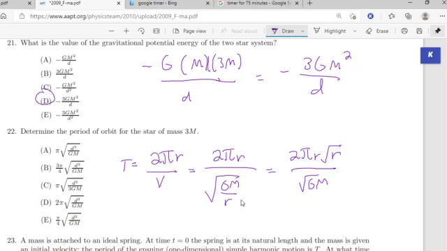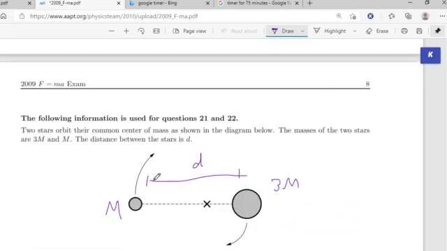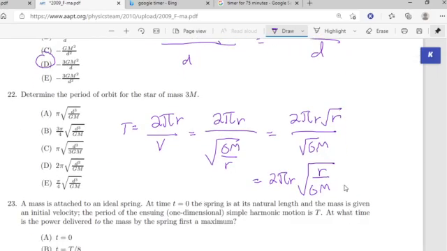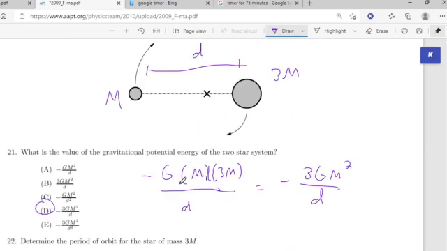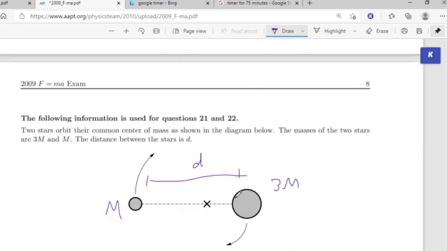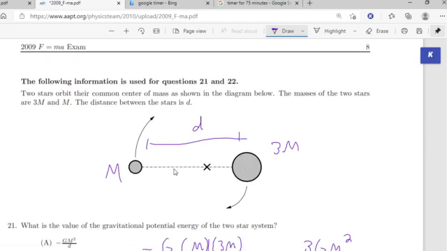Wait. Actually, no, I should just do 2 pi r root r over GM. Okay. And by m I mean 3m. So actually, let's put in 3GM. Okay, so now we have to find the distance between the center of mass and this.